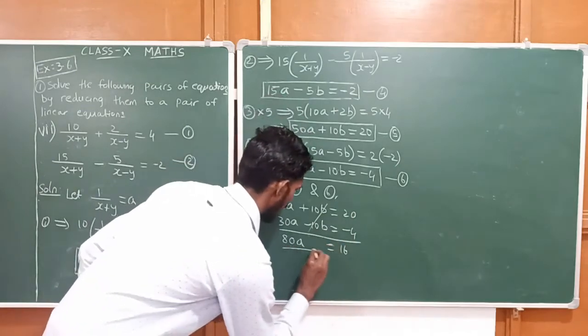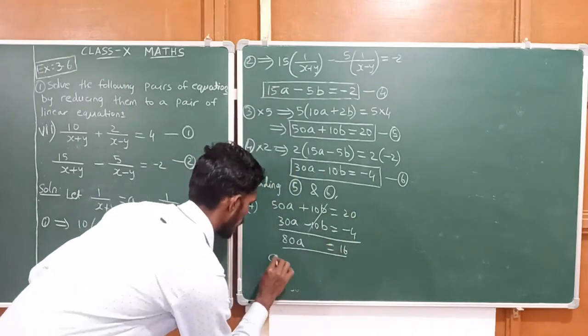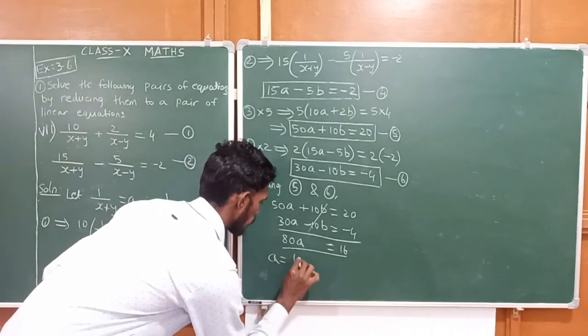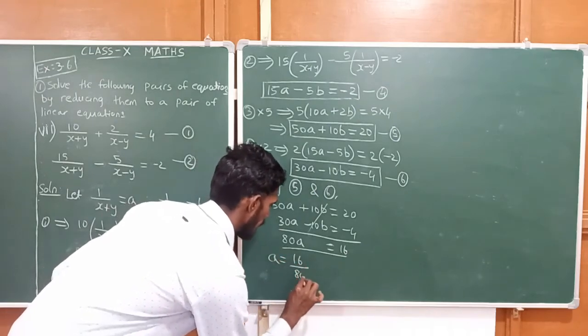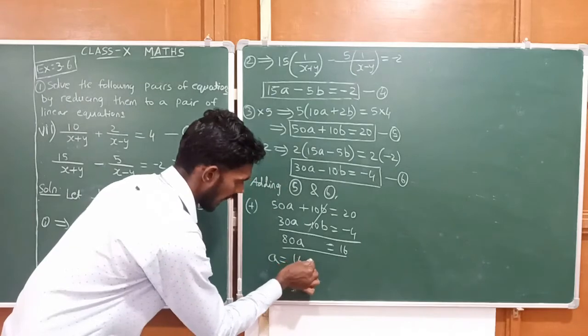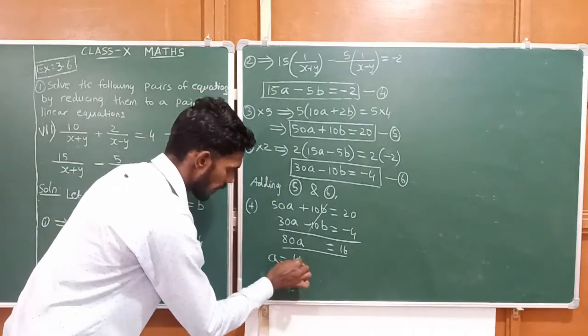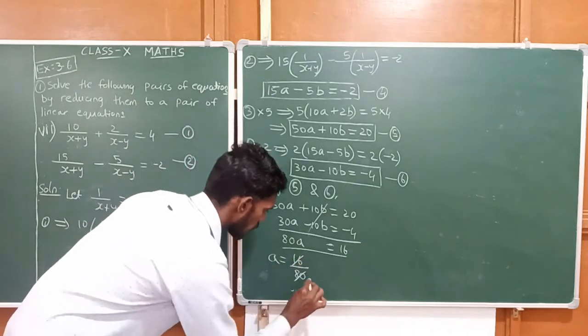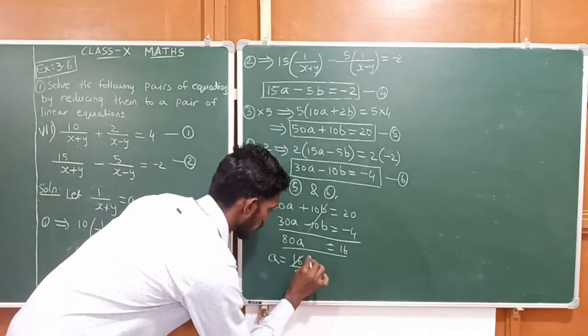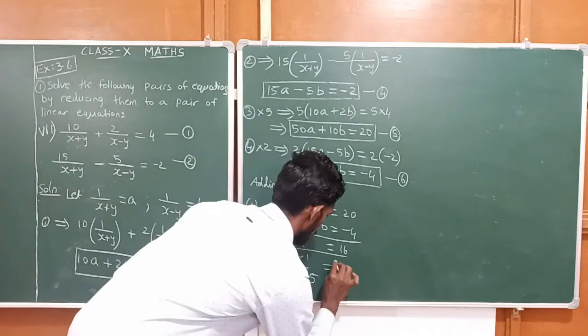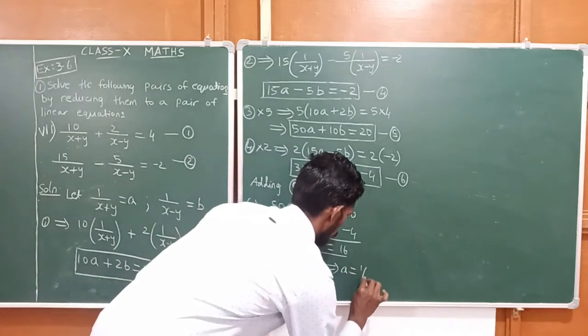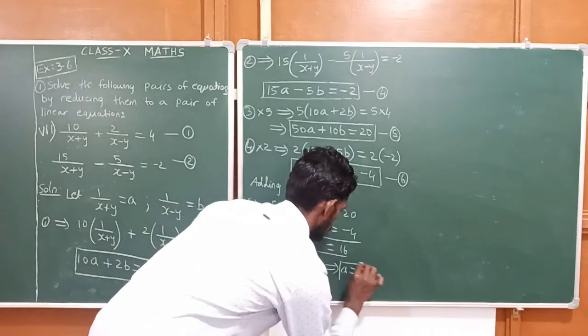So, 80a is equal to 16, a is equal to 16 divided by 80. 16 into 10 is 160, half of 160 is 80. So, when 16 is multiplied by 5, we will get 80. So, the value of a is 1 by 5.